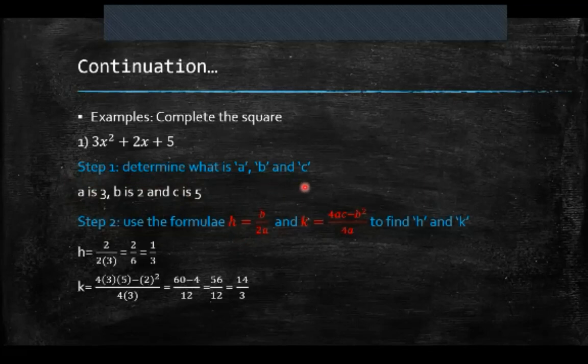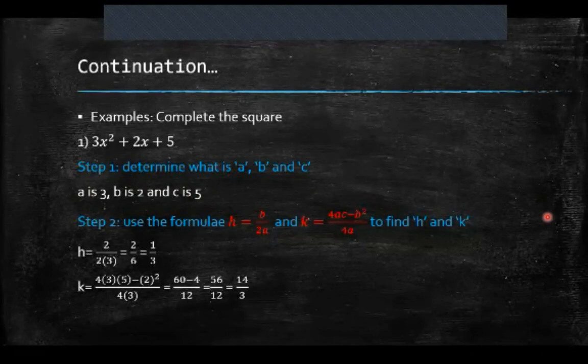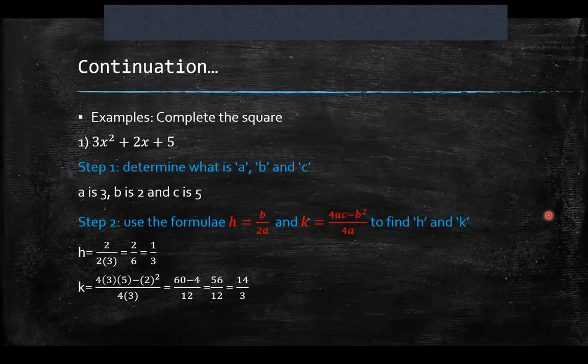So, okay, let me actually go on the board and write this, because I feel like it would be better if you see me do it. So let me just write down the values of a, b, c.